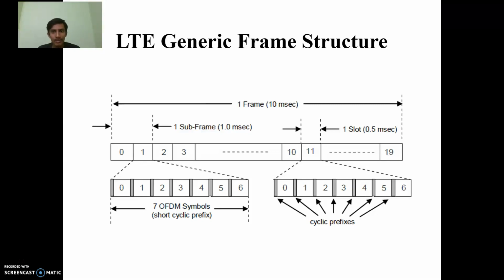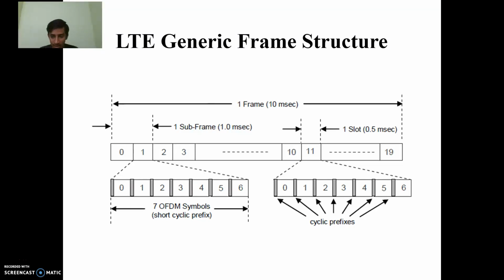In OFDMA, users are allocated a specific number of subcarriers for a predetermined amount of time. These are referred to as physical resource blocks in the LTE specification, the PRBs, that have both time and frequency dimensions.